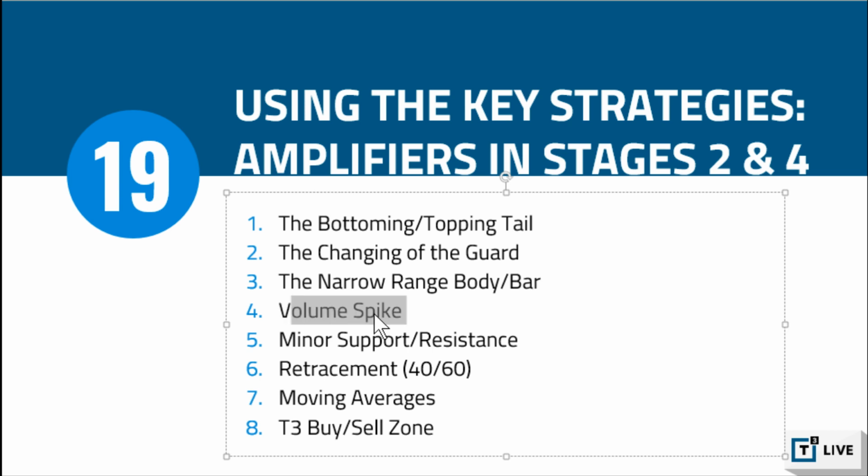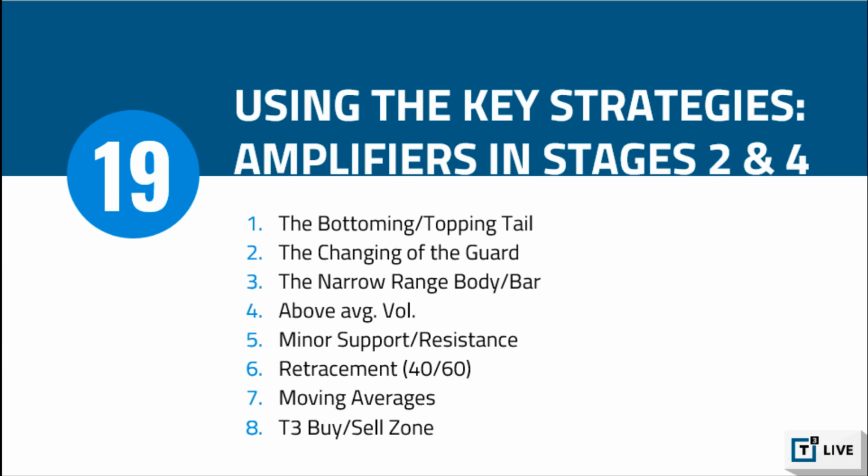Above average volume basically is the amplifier here. That happens to form after 3 or more red bars, so on a buy setup. Okay? Minor support and resistance. Retracement percentage, again in the range of 40 to 60. Moving averages. And the T3 buy and sell zone, which we'll talk about in the future.